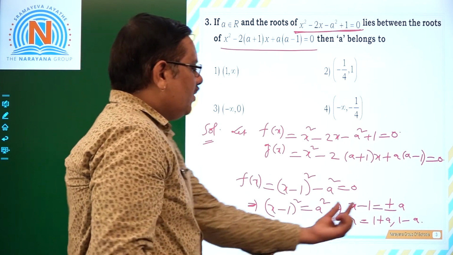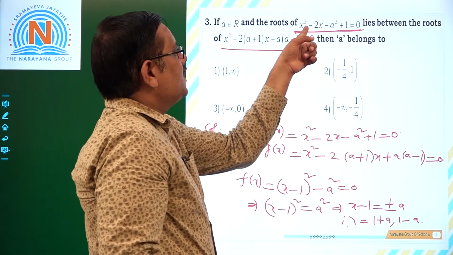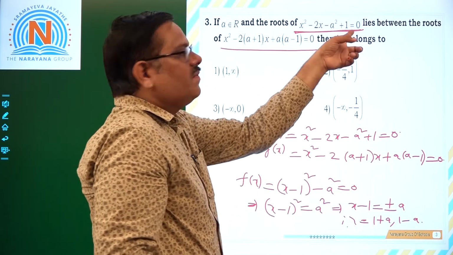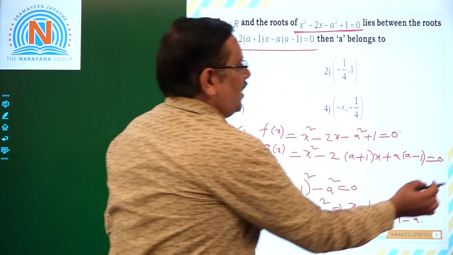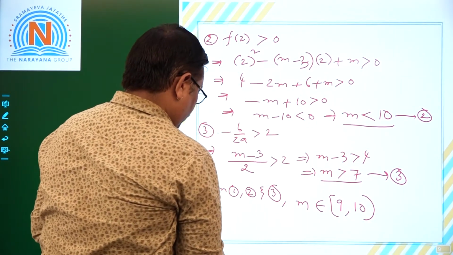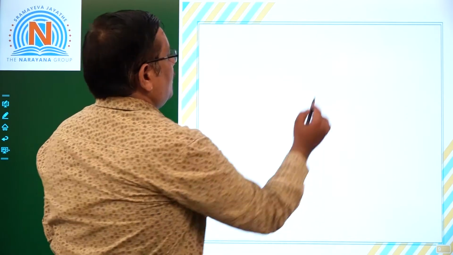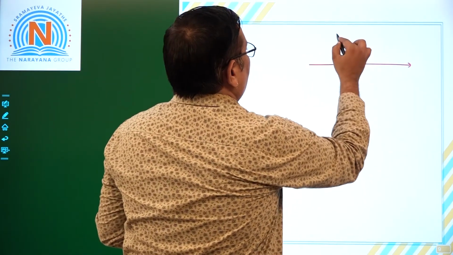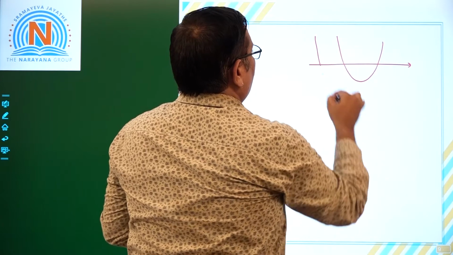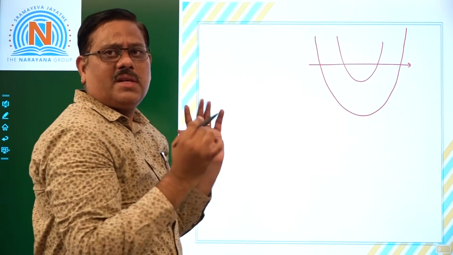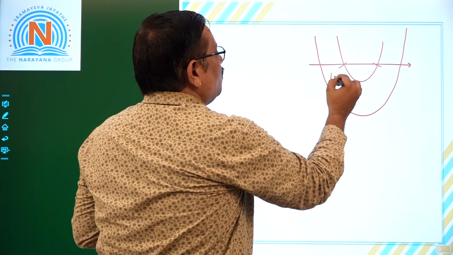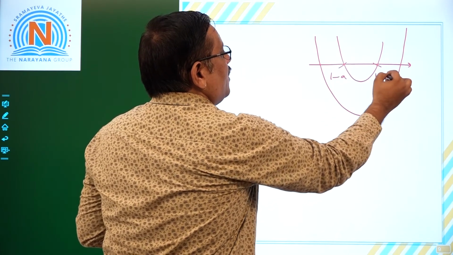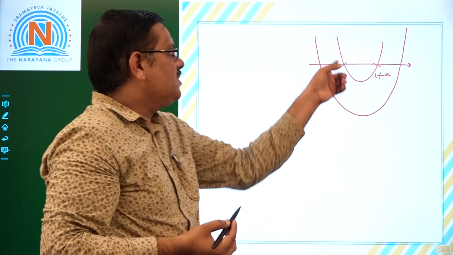So 1 plus a and 1 minus a are the roots of this, and they are lying between the roots of this equation. So let us take the diagram for that. Why am I taking this diagram? Because for the first condition f of x, we have two roots, 1 minus a and 1 plus a. Both are distinct, so definitely this is how the curve is.